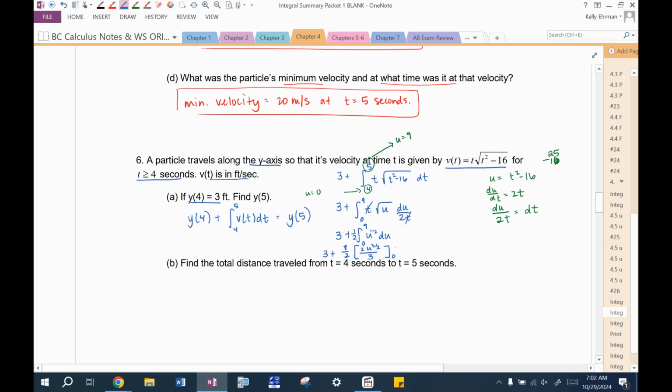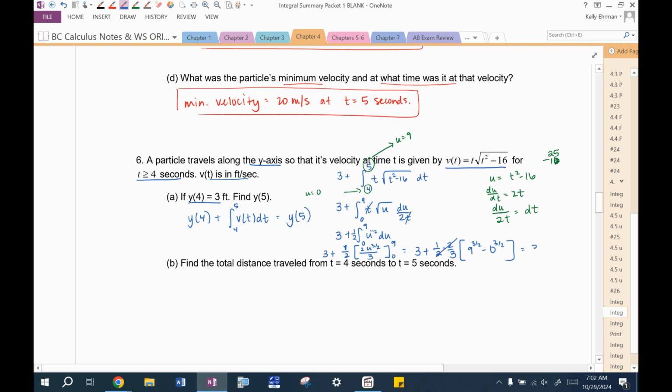We should be getting to a place where we can make that switch now. That's 3 plus 1/2 times what? I can factor 2/3 out. All right, so now it's just u to the 3/2. So 9 to the 3/2 minus 0 to the 3/2, because I factored my 2/3 out.